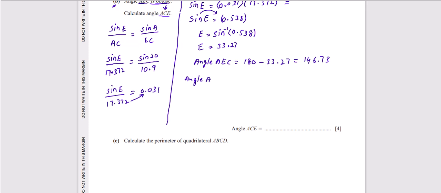Angle ACE is equal to 180 minus angle A minus angle E. Angle ACE is equal to 180 minus angle A, which is 20, minus angle E, the angle E is this one, 146.73.